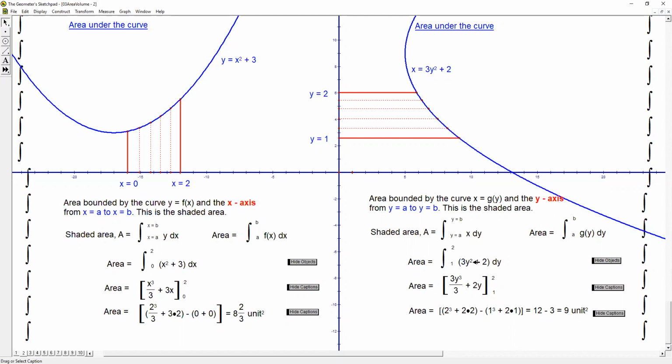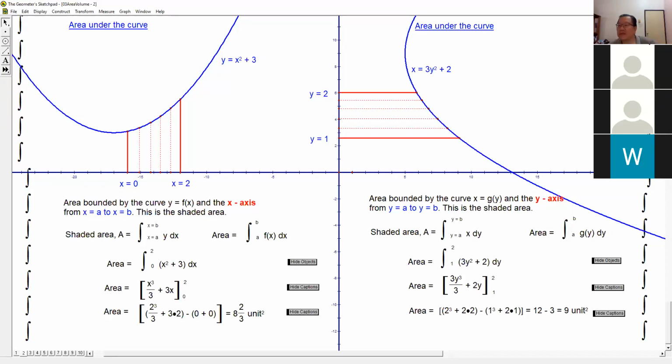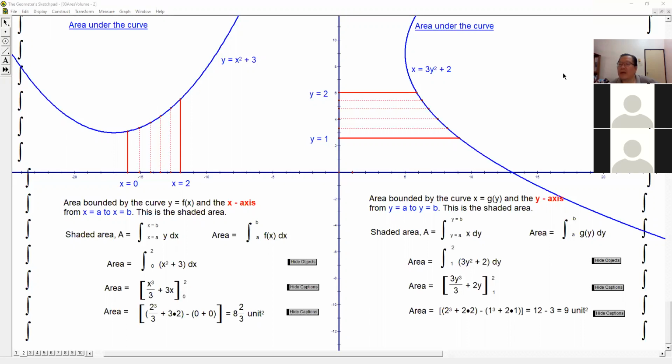So the function is in y, you integrate with respect to y, and the upper and lower limits come from the y-axis. Okay, so compare the two types. Any question?